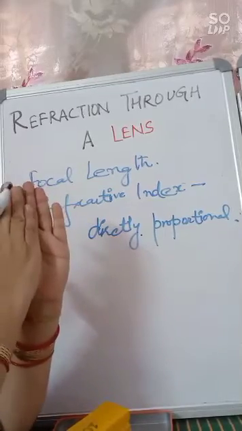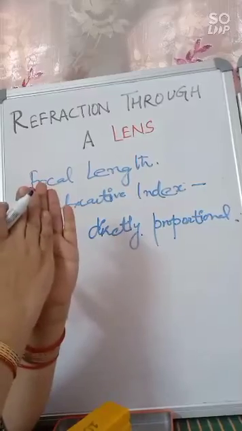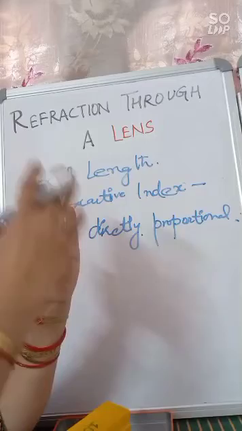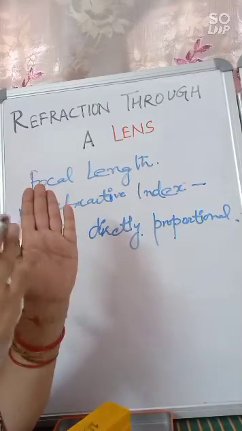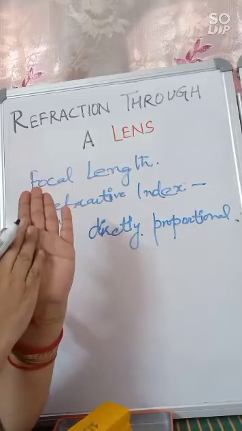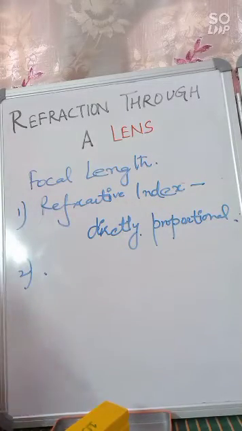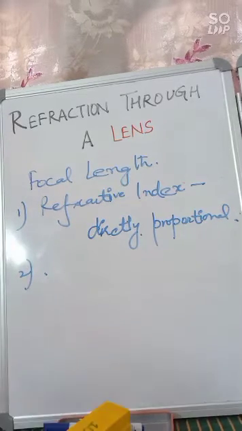Only the intensity of light that passes through the lens is going to change, right? If I have a full lens, a certain amount of light is going to focus. But if half the part is covered, the intensity of light is going to reduce to half, but the focal length is going to remain same.